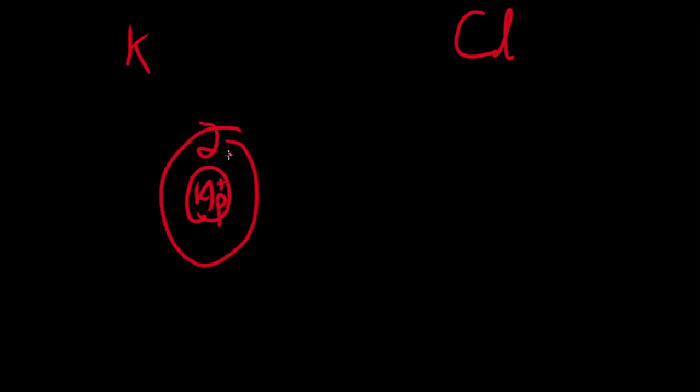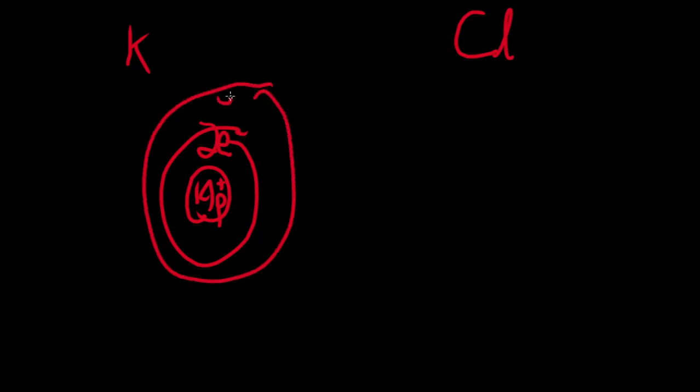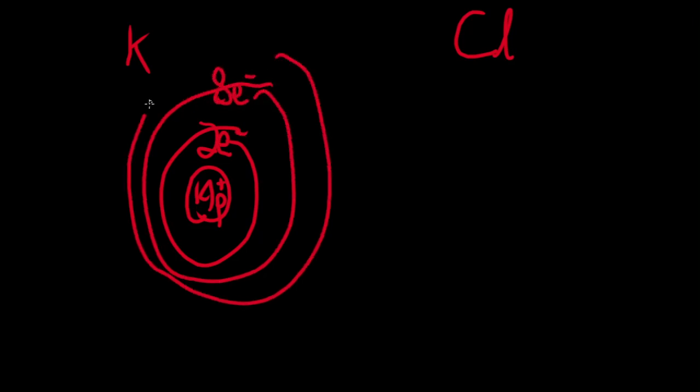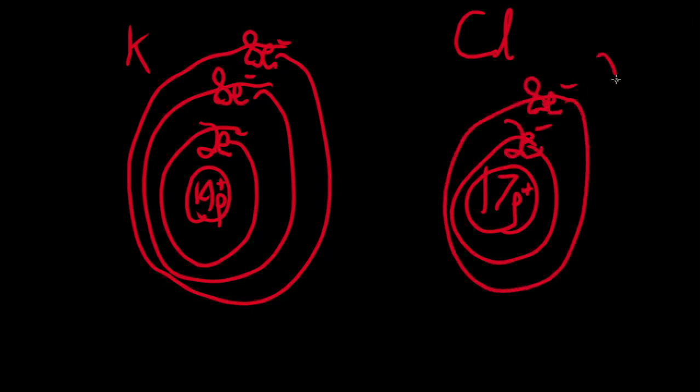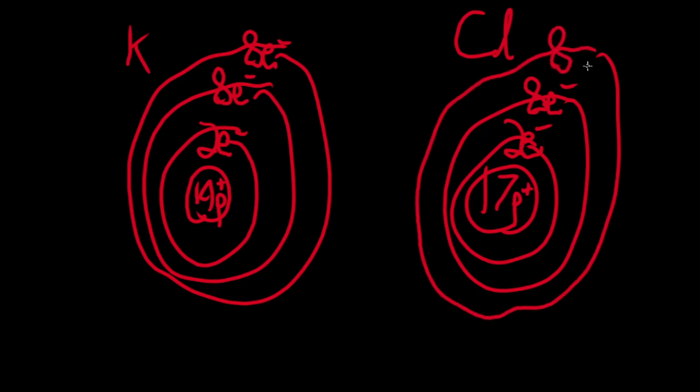Alright, so we're going to take that, put it over there, and now what I can do is I can redraw this. So I've got potassium, I've got chlorine, so I've got my 19 protons, 2 electrons, sorry for the sloppiness, and I've got 8 electrons on that outer shell, and with chlorine I've got 17 protons again, and I'm going to have 2, 8, and 8.